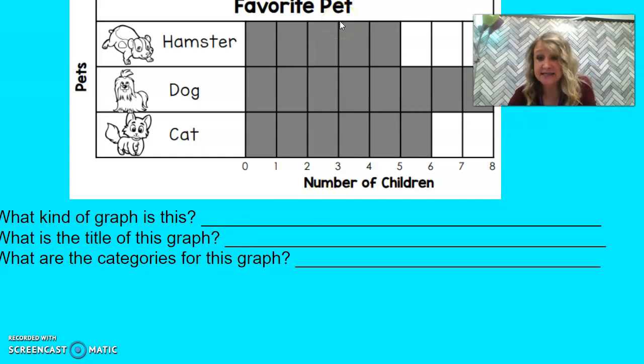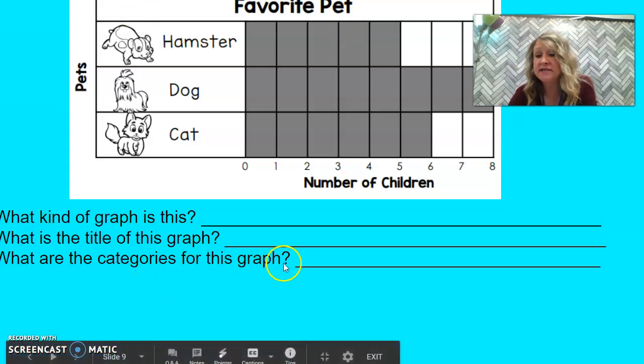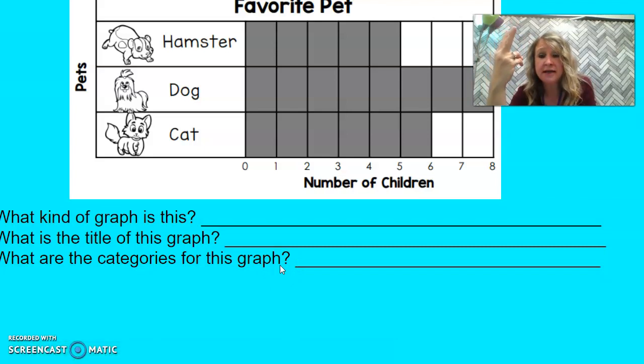Yes, it is. And what are the categories for this graph? What are the types of pets they voted on? Hamster, dog, and cat. Very good. There were 3 categories that they voted on.